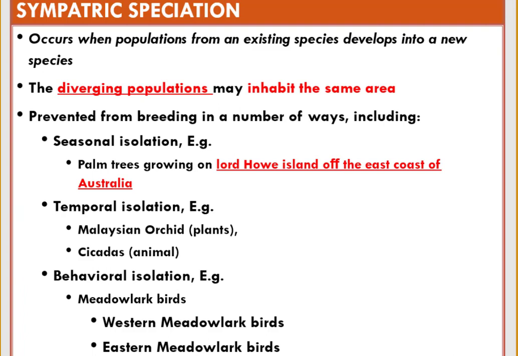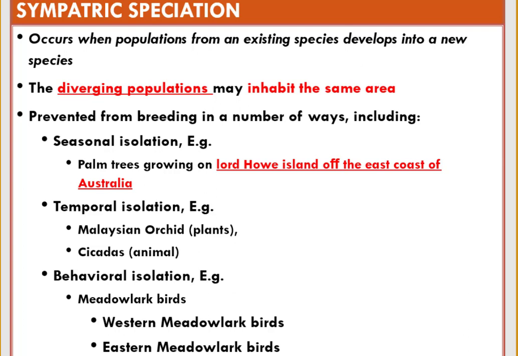Sympatric speciation occurs when populations from an existing species develop into a new species without becoming geographically isolated from other members of the original species. So, the diverging populations may inhabit the same area but are simply prevented from breeding in a number of ways, including seasonal isolation.